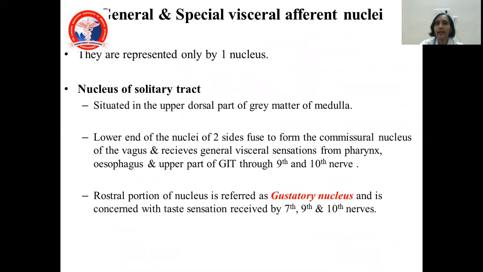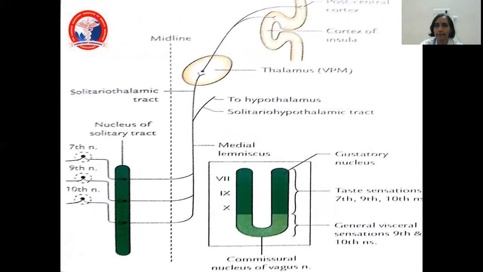The nuclei which are giving fibers to the 7th, 9th and 10th cranial nerve for the taste sensation are represented by a single nucleus, as we already said. So we have the taste sensation coming from 7th, 9th and 10th cranial nerve, and these all are reaching to the nucleus of tractus solitarius.